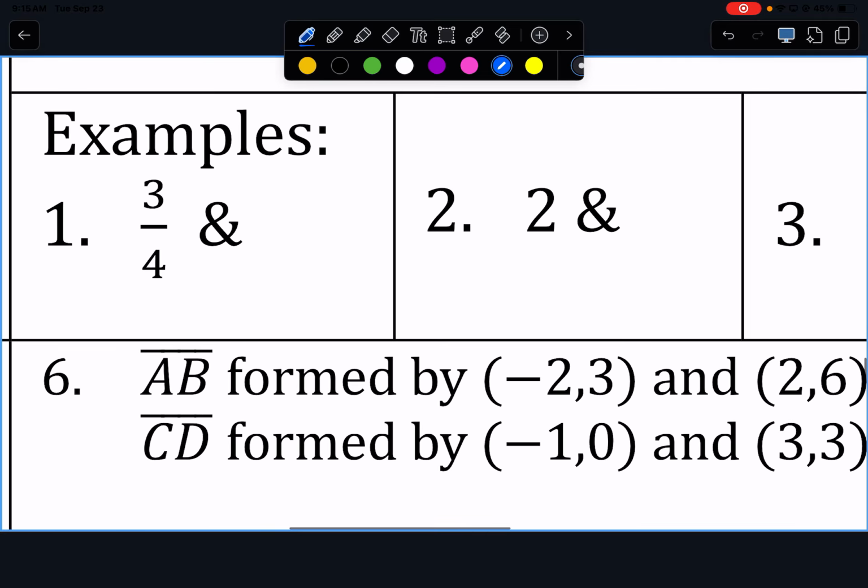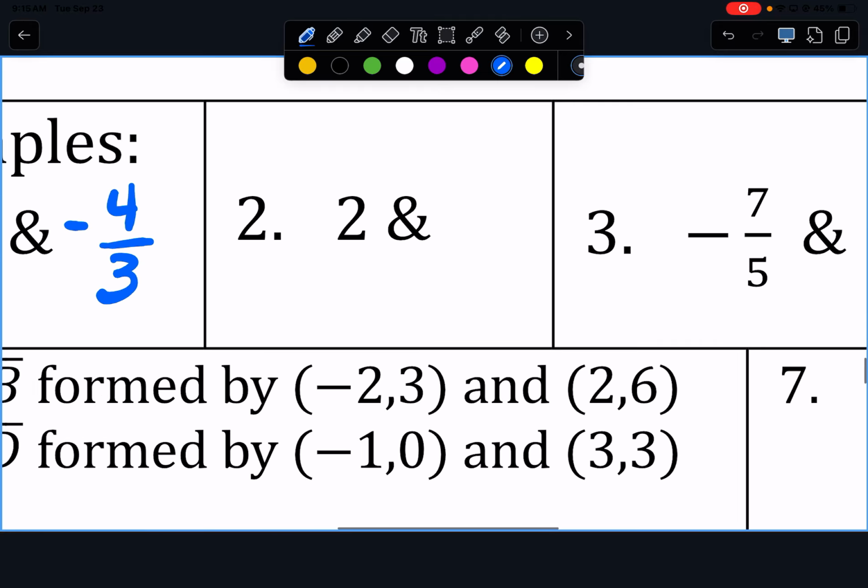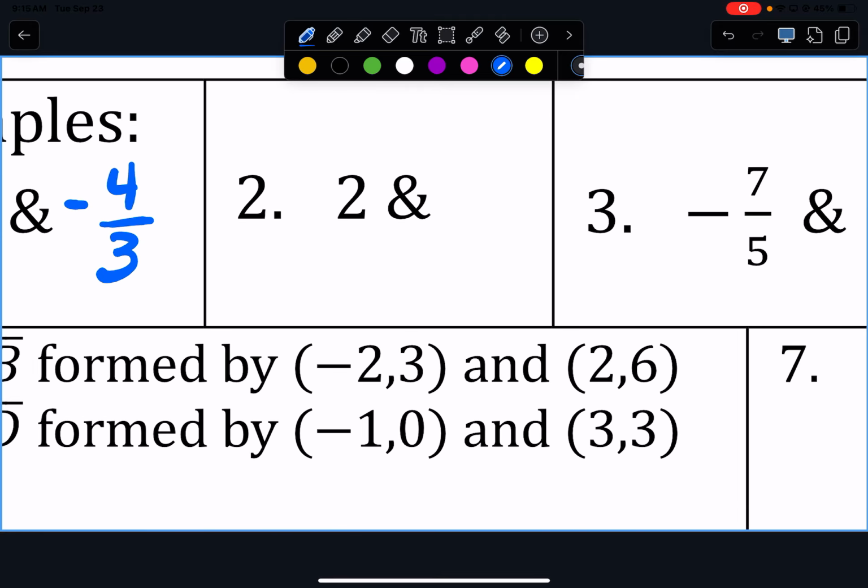So what would be the negative reciprocal of 3/4? Negative 4/3. Okay. What would be the negative reciprocal of 2? Well, so we have 2, so it would be negative 1/2. So we use the fact that it's technically over 1, so that when we flip it, it goes under 1.